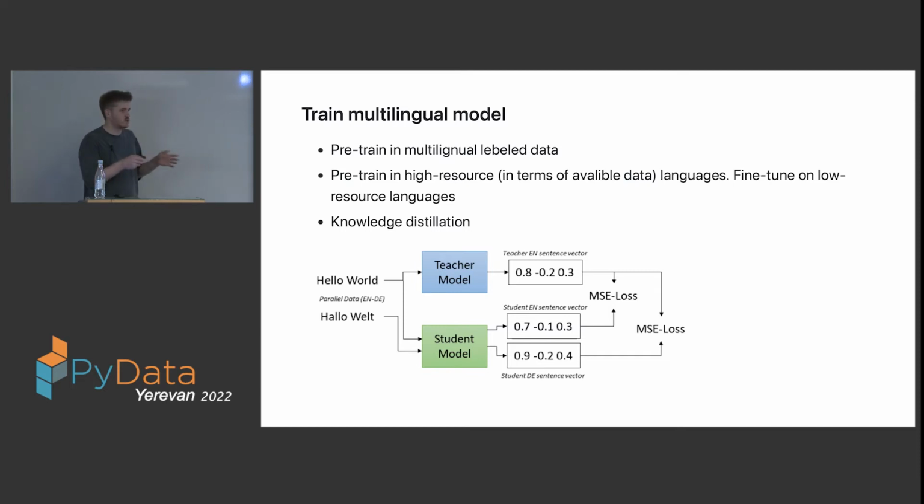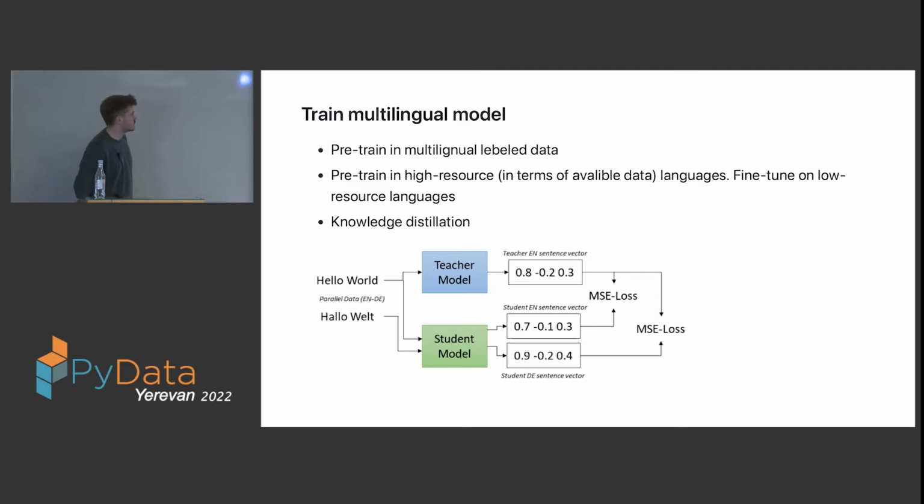But in most cases you don't have such, because the distribution between languages for pre-training is sometimes like 80% English and 20% everything else. So we can use some tricks, one of which is to pre-train on a few high-resource languages, I think German, Spanish, English, Mandarin, maybe. And after that you fine-tune on low-resource languages like Armenian. That's one of the approaches.